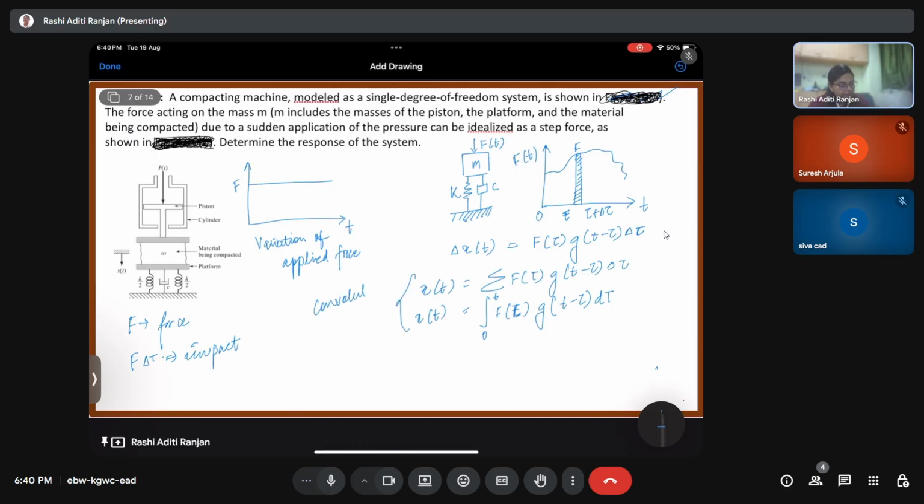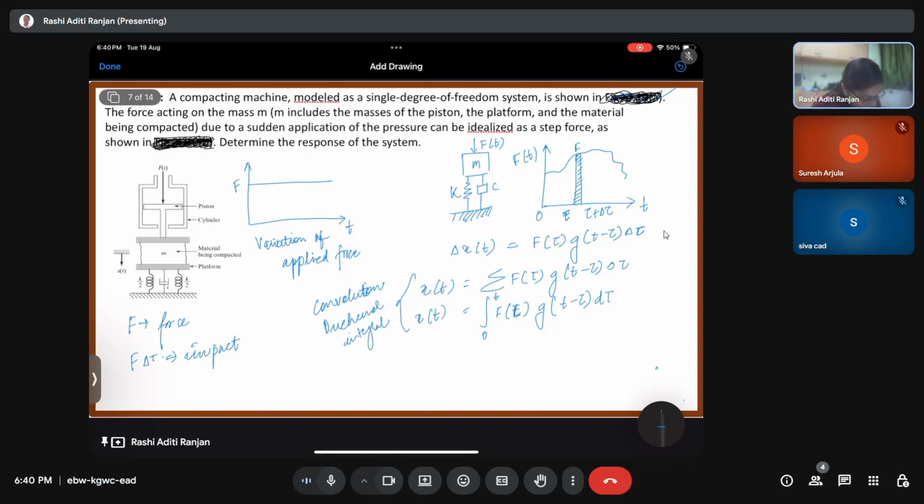convolution, or Duhamel integral. Now, g of t minus tau, you remember what g of t is?